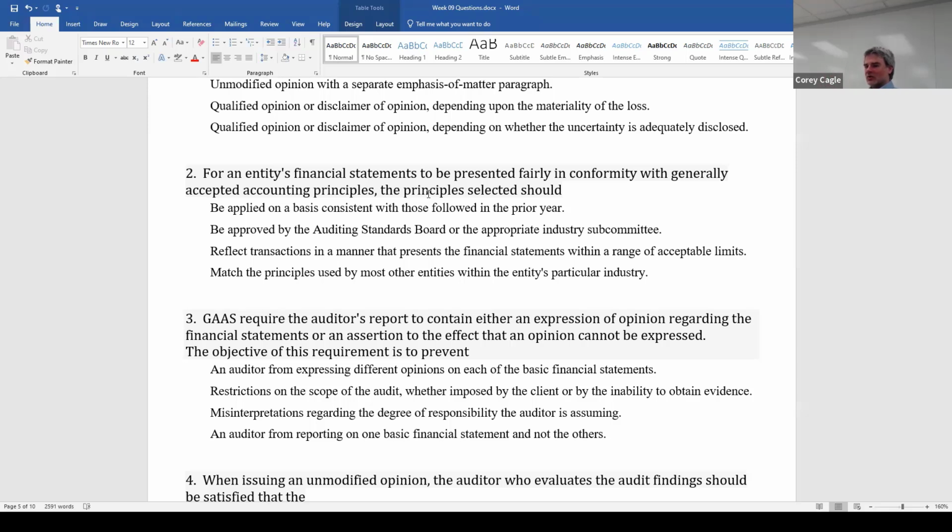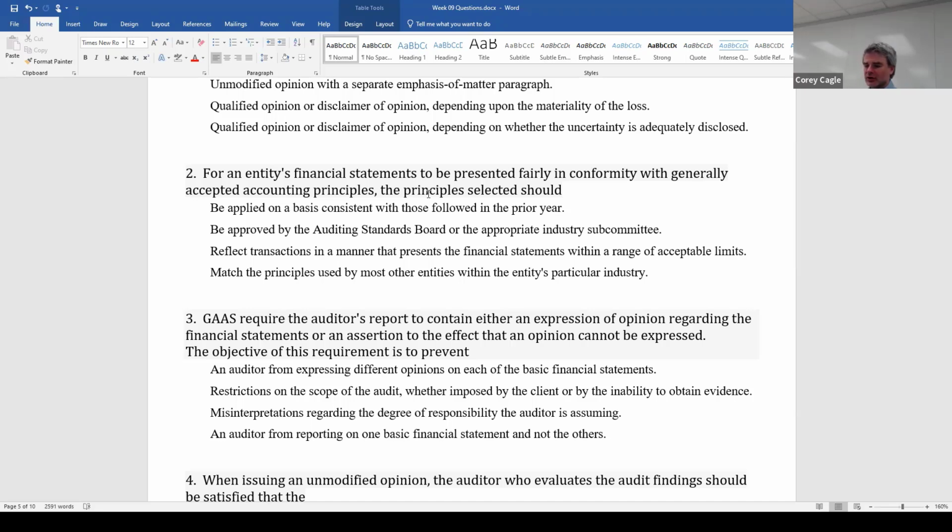Auditing Standards Board is going to be involved with auditing standards, right? This question says for the entity's financial statements to be in conformity with GAAP, the principles selected have nothing to do with what the Auditing Standards Board does, right? The Auditing Standards Board is going to have standards about how to audit those GAAP statements, right? So ASB is not the standard setter for GAAP.